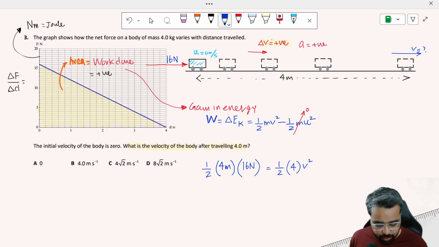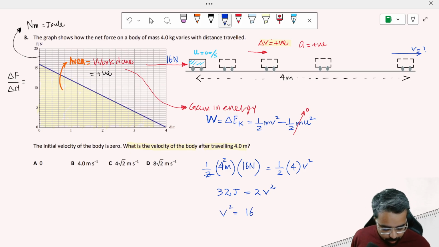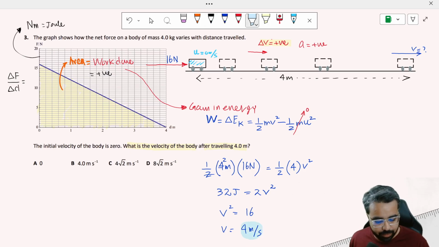So now you have to just solve it, and it will become 32 joules is equal to 2v square, and v square is equal to 16, and if you take the square root, then it will be 4 meter per second. So dear students, this is the velocity of this card.